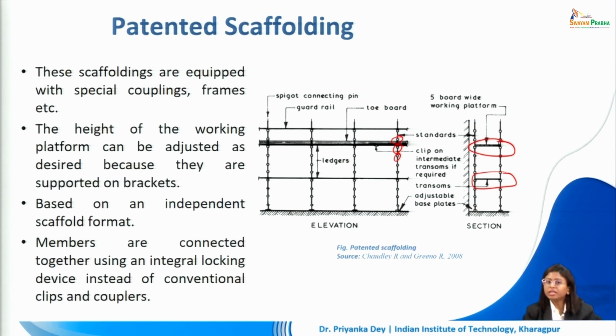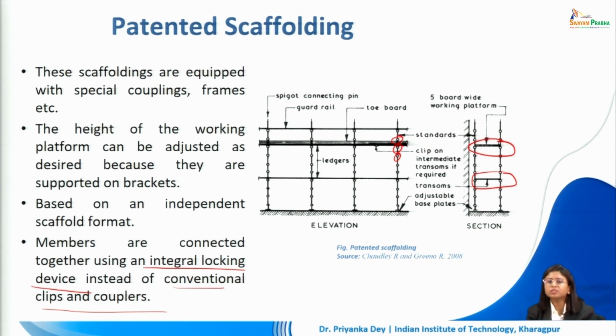Now this is a very independent scaffolding format, so this will not take support from the adjoining wall, but it will be 2 layers of vertical standards which are independently standing on the ground and supporting this working platform. Now the members are connected together using an integral locking device. So instead of using the very conventional clips and couplers that we were seeing in the steel scaffolding, no lashing will be used also in this case like the timber scaffolding.